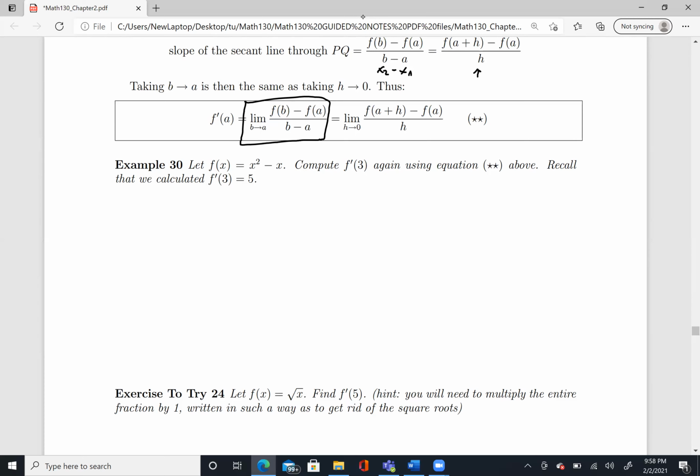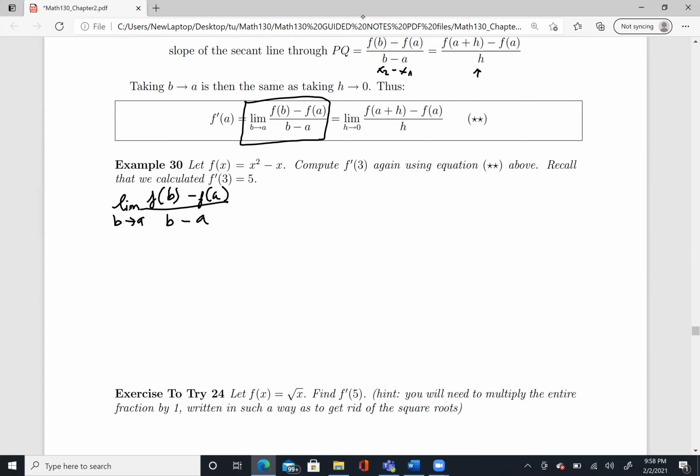Okay, so I have the limit of f(b) minus f(a) over b minus a as b goes to a. But what does a become now?